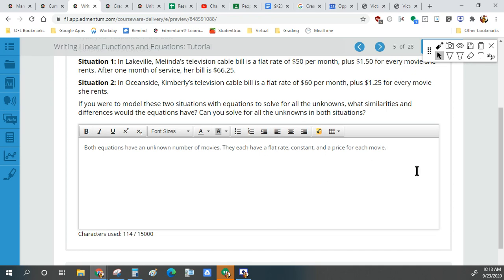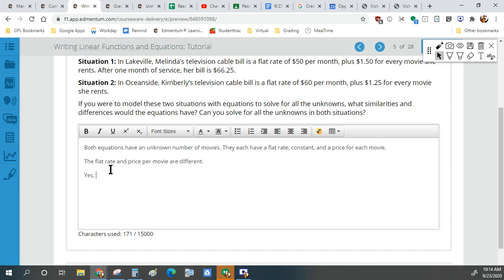Do we have to do the differences? We do have to do the differences. The flat rate and the price per movie are different.